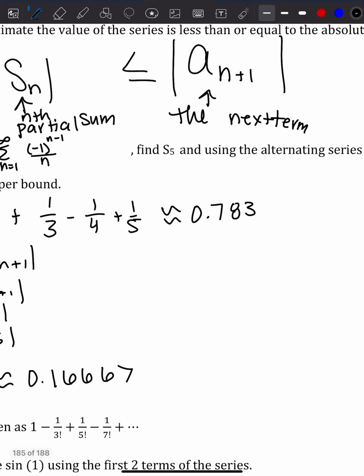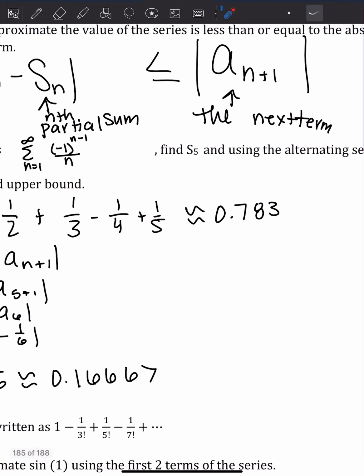So what we know is that if this is our approximation, because it's the sum of the first so many terms, it's off by, at most, this much. So it's off by that much on both sides. So our lower bound and upper bound are going to be this number subtracting 1/6, or this number and we add 1/6.